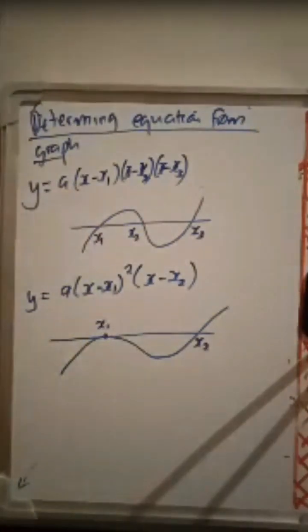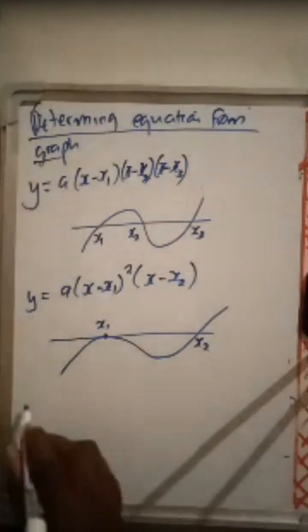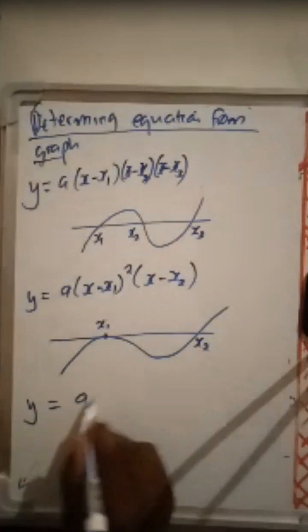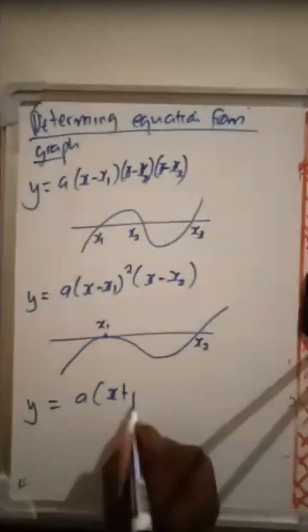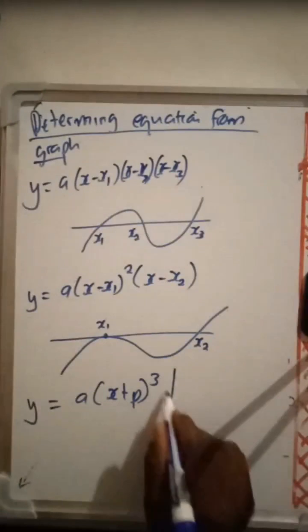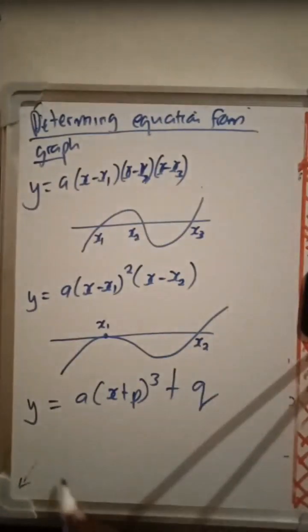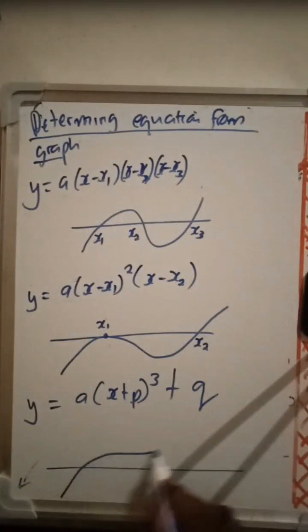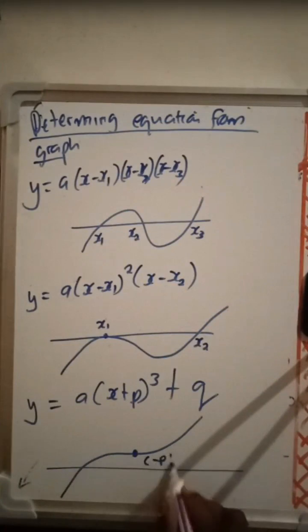Sometimes a cubic function has an x-intercept, but it only has one. Those ones are of this nature, y is equal to (x plus p) cubed plus q. This one has only one turning point, where the point is (negative p, q).